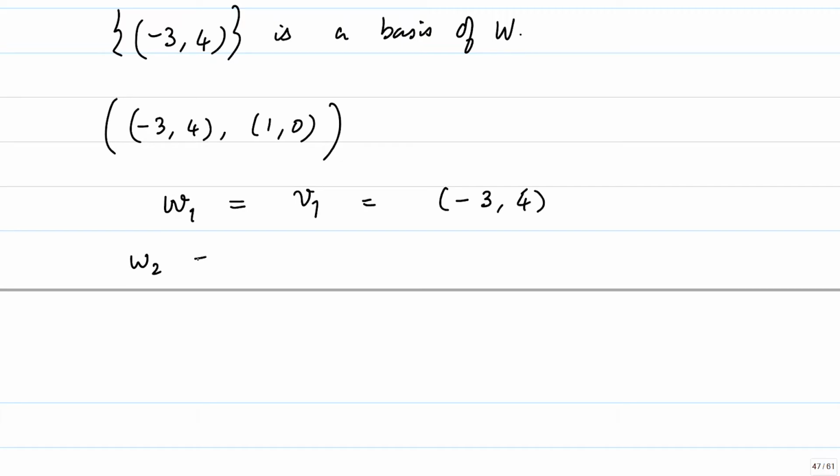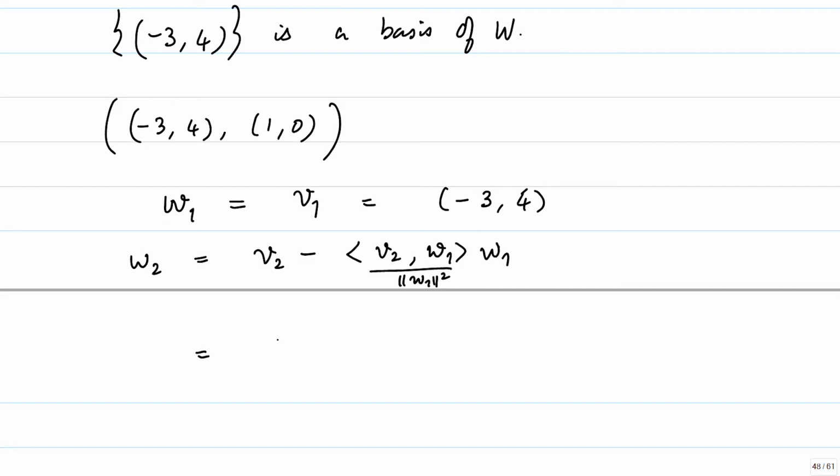What was W2? W2 was V2 minus inner product of V2 with W1 by the length of W1 squared times W1.